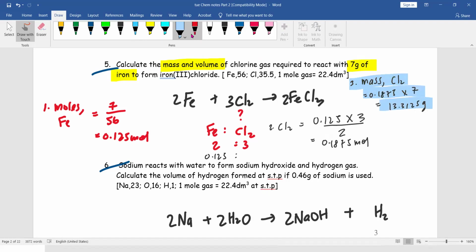And then after that, we find the volume. Times 22.4. No, it's just times 22.4.